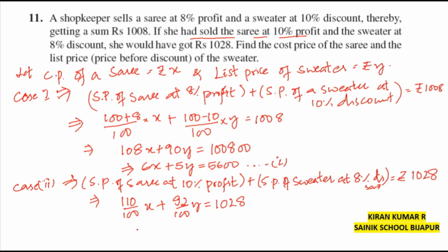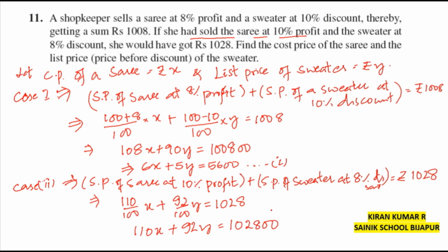This can be further simplified. It becomes 110x plus 92y equal to 102800.